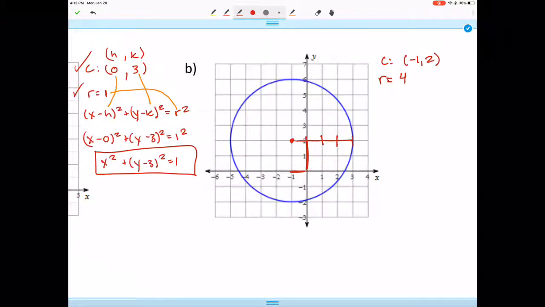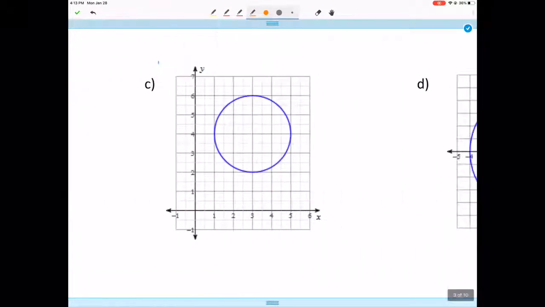Then we're going to plug that into our equation. x minus a -1 gives us a +1, plus y minus 2 squared equals 4 squared. If you just want to skip that part and just say 4 squared is 16, then you would be done with your problem. But I'll never say, oh, you showed too much work. So please show as much work as you can.